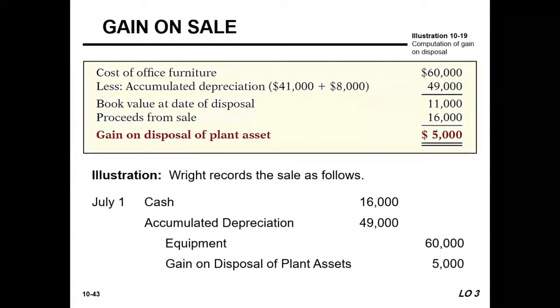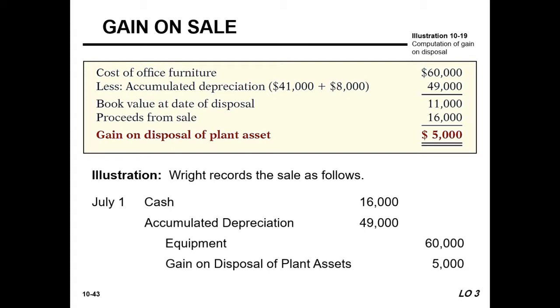Okay, is it clear? If you have a loss or gain, let's say in the same question, if it was loss, it should be debit first of all, right? Not credit, and then other entries are the same. Is it clear?